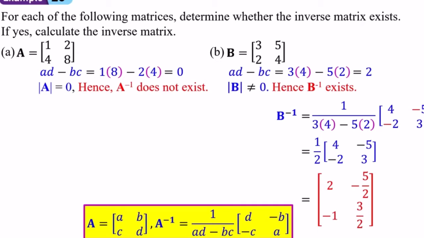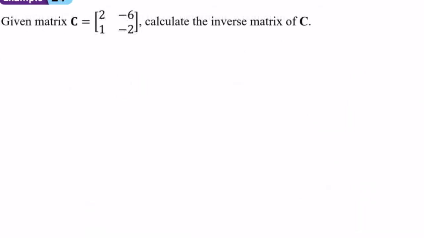Okay, and then we have to multiply all the elements by 1 over 2. Next, we have matrix C: 2, negative 6, 1, negative 2. So the inverse matrix is 1 over 2 times negative 2 minus negative 6 times 1.